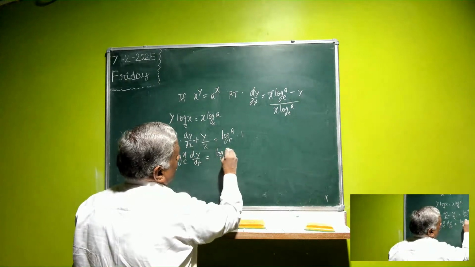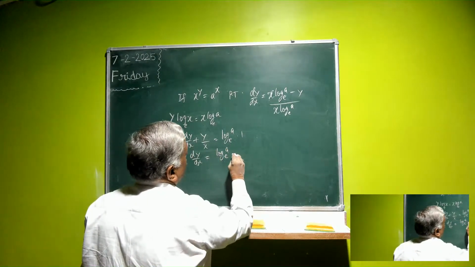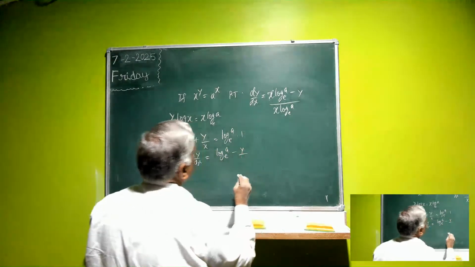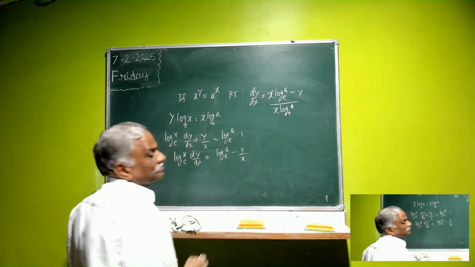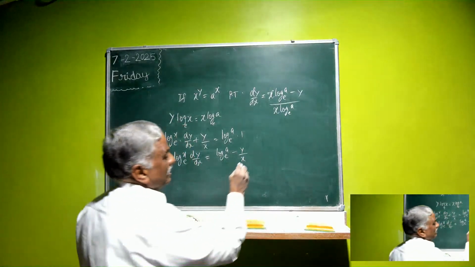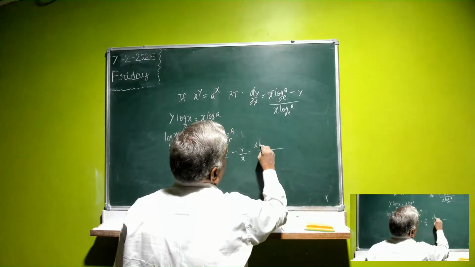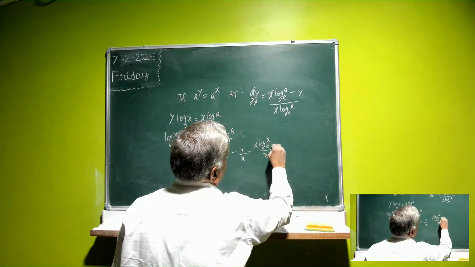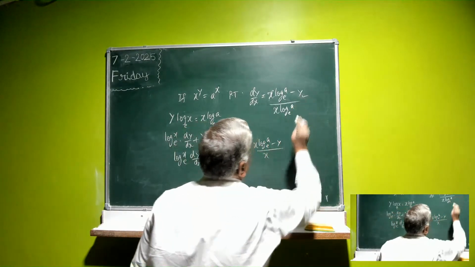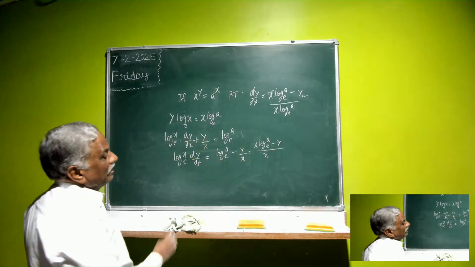Log a to base e minus y by x. Let us take LCM. X is the LCM. You get x log a to base e minus y, that means you have got the numerator. We have to get the denominator.